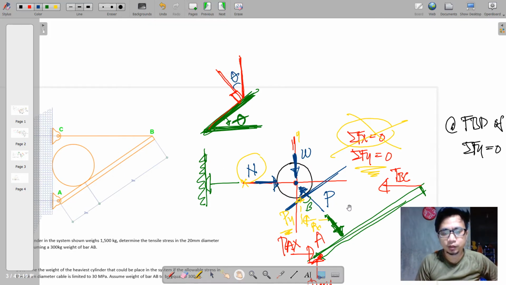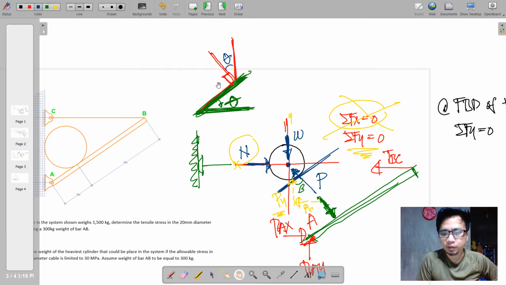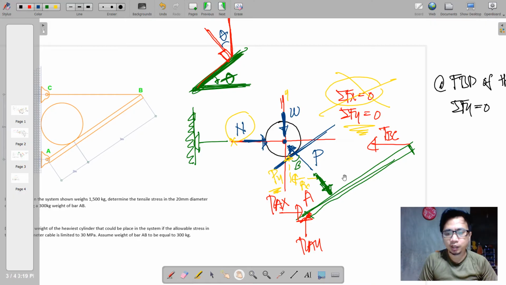Very basic. By this simple principle, you can apply that in many cases, especially in analysis of structures. So in this case, we have an inclined member. Perhaps we can draw a horizontal line here, and then this is theta.